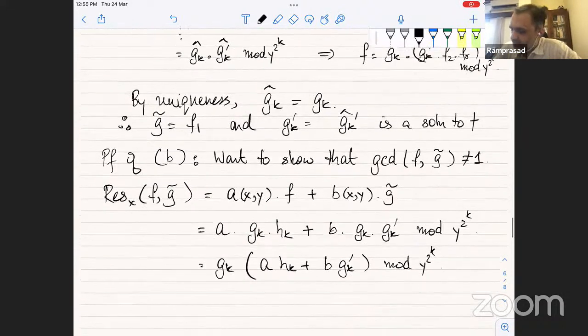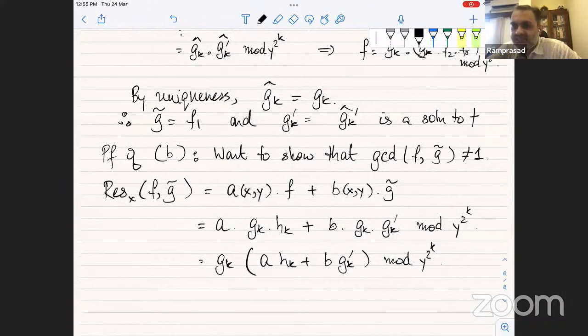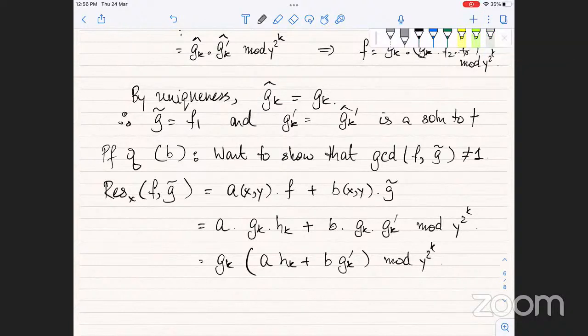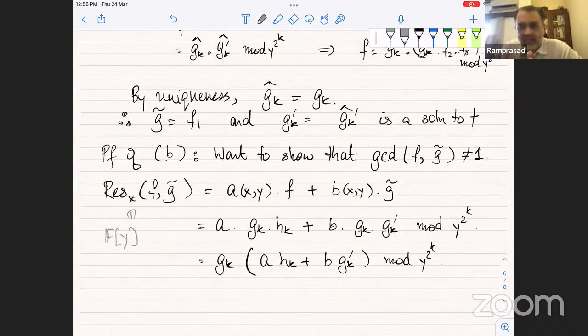Now I want to look at this equation and say it is absurd. Why is that? What can I say about the left-hand side? It's a polynomial in Y alone. What do I know about gk?